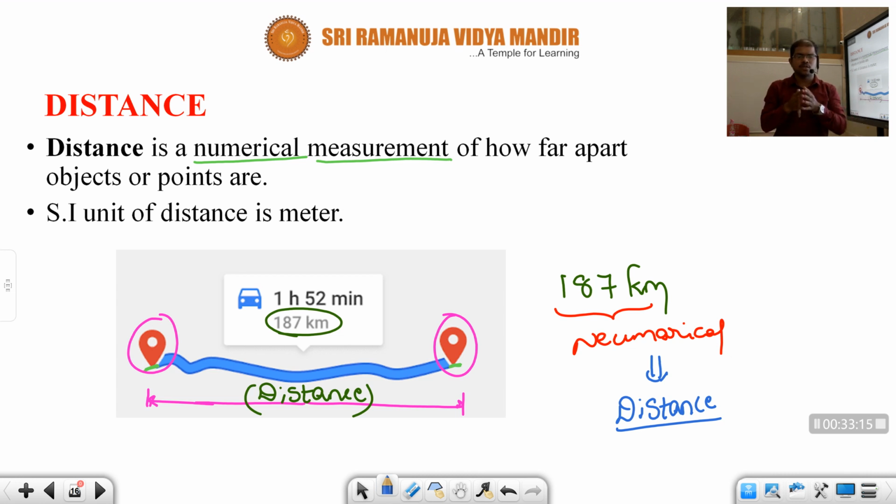It gives us the idea of how far apart two points are. It always contains a numerical value followed by a unit. That's it. It won't contain any direction. Okay, children?